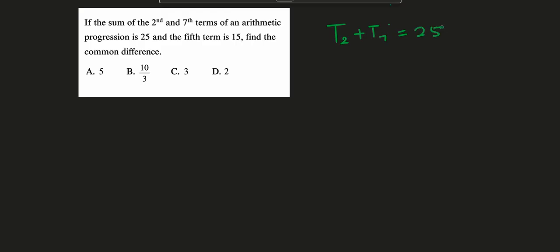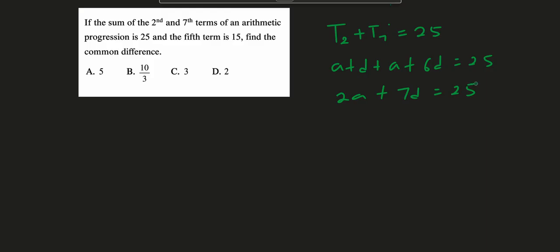So the second term, we know it is a plus d, and the seventh term, which is a plus 6d, equals 25. Okay, cool. So adding them together, we're going to have 2a plus 7d equals 25.